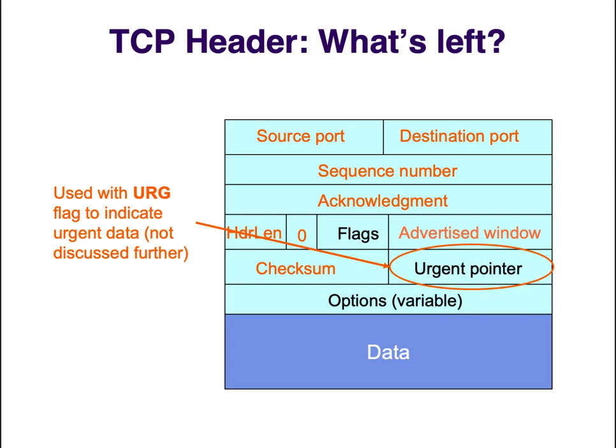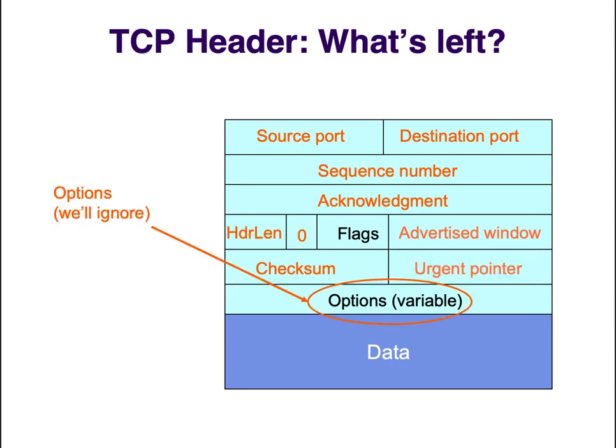You can send some data with the urgent flag set and the urgent pointer saying this data is urgent, you need to pass it up to the application immediately. It would bypass any bytes that had arrived before it, and would not necessarily wait for all the bytes to be received. As far as I know, it's not used very widely, but that was the original reason for having it.